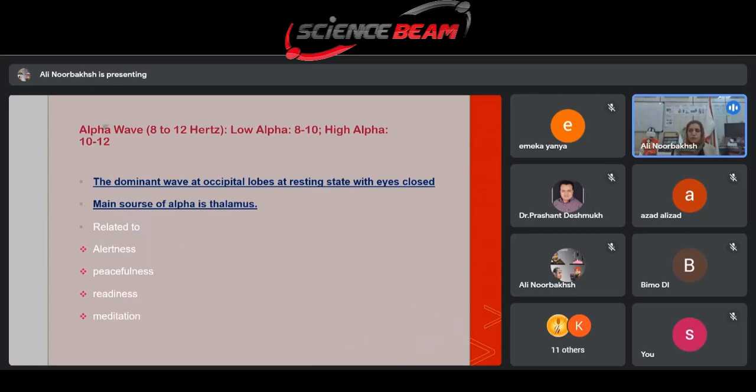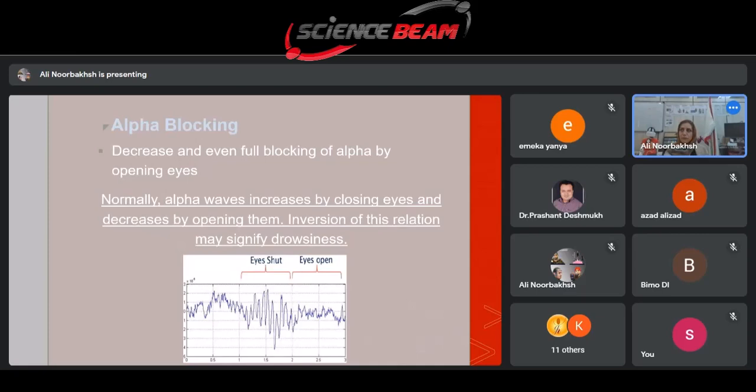Alpha wave is related to alertness, peacefulness, readiness, and meditation. Alpha blocking is the decrease and even full blocking of alpha by opening the eyes. When we close our eyes, we can see increased alpha on the occipital lobe.